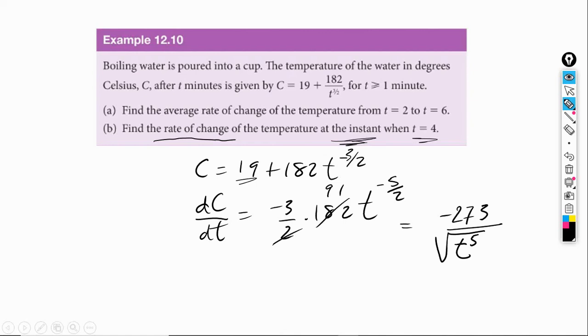So then all we have to do is find out what the instantaneous rate of change is at t equals 4. And for that, we just have to plug in 4 into the function.